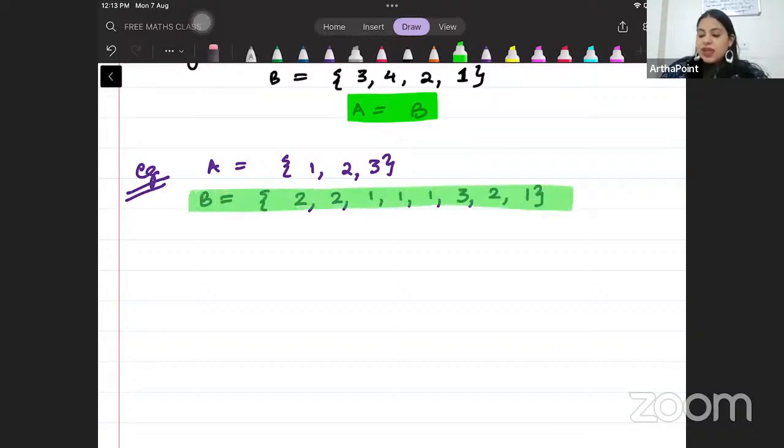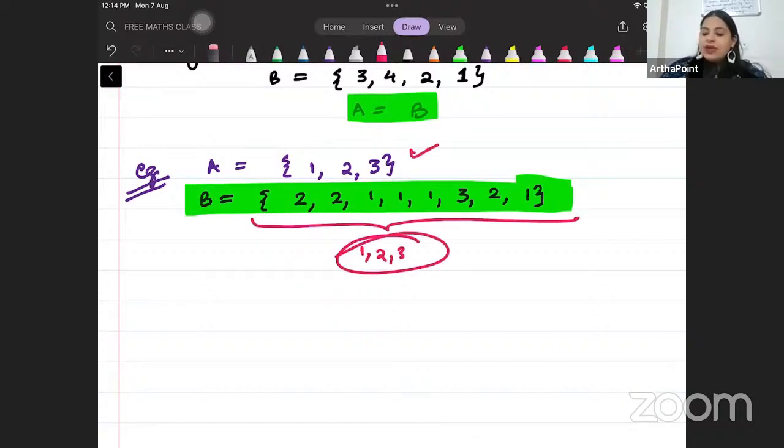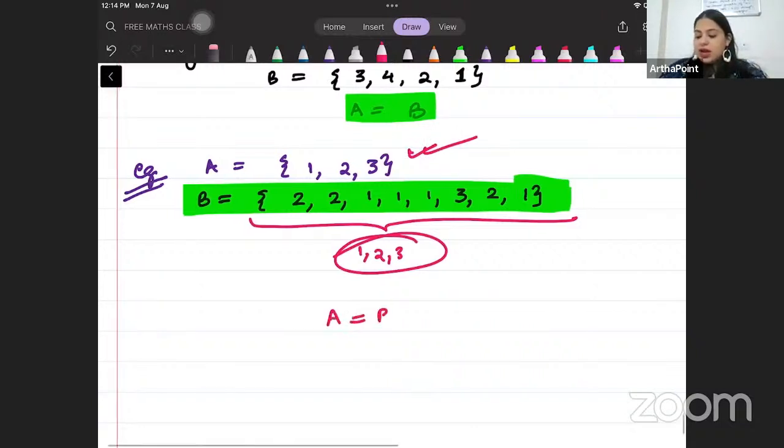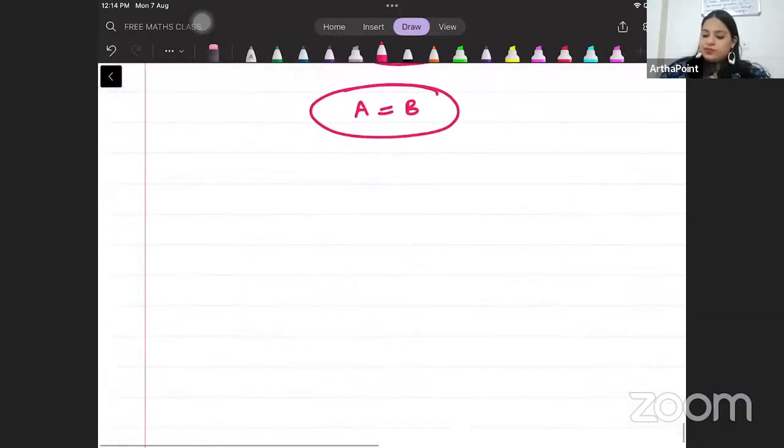Set से जब हम निकालते हैं comparison के लिए तो हम unique elements को निकालते हैं. We do not repeat any element. So beta, that ways if I check B में कौन से elements हैं non repeat या unique? 1, 2 and 3. और A में भी यही elements हैं 1, 2 and 3. So ideally A and B are equal sets. Clear हो गया?